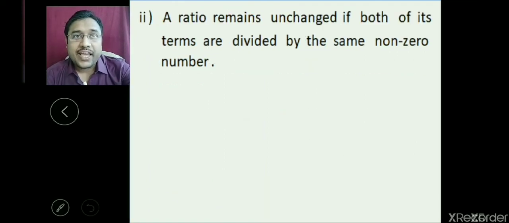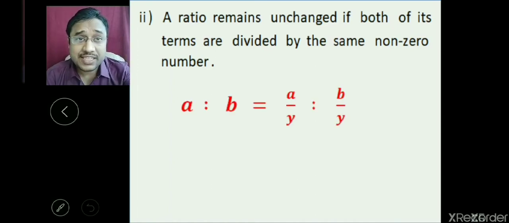Then the same with division also: a ratio remains unchanged if both of its terms are divided by the same non-zero number. So you see that a is to b is equal to a by y is to b by y.